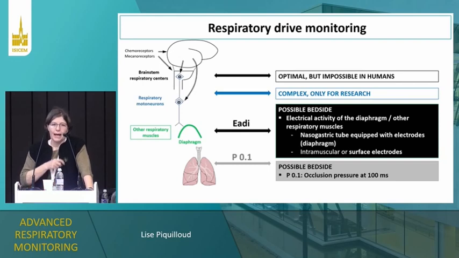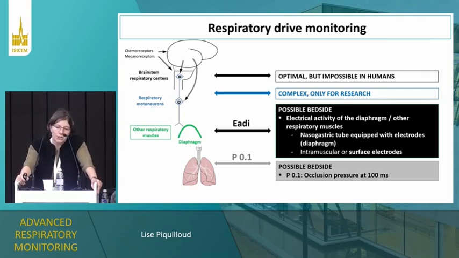Ideally, we would like to monitor drive in the brainstem, but this is not possible in humans. Alternatively, we could record the action potentials that travel along the phrenic nerves. This is possible in research settings, very complicated, so not for today's talk.